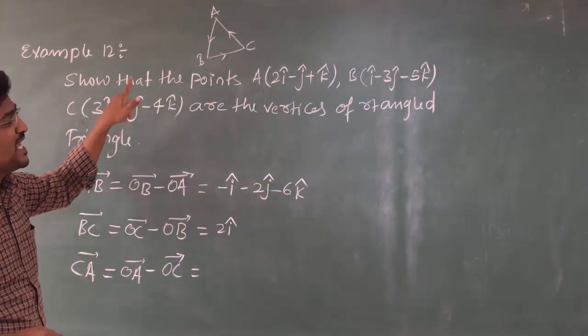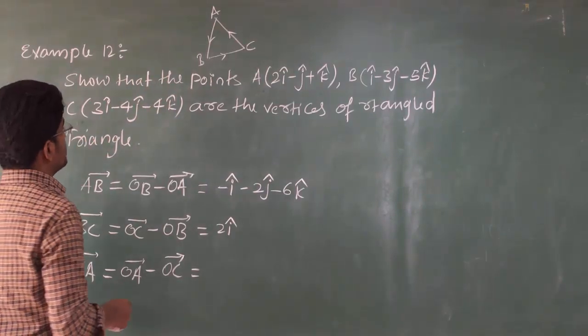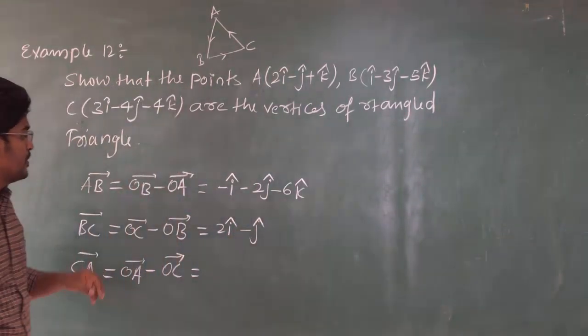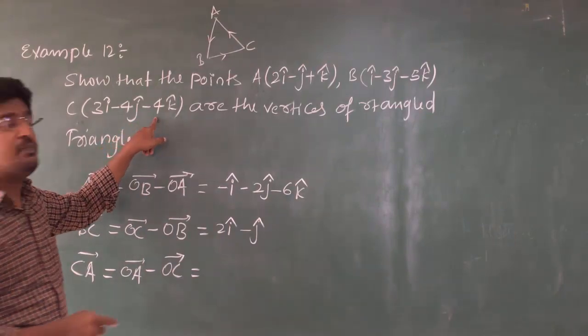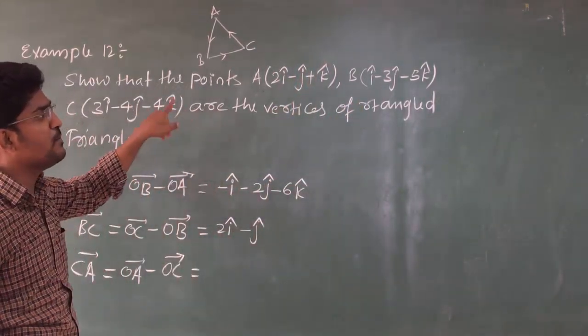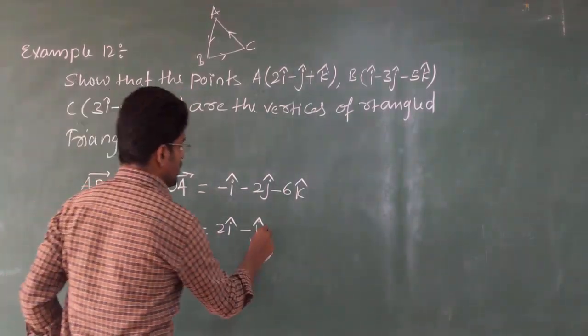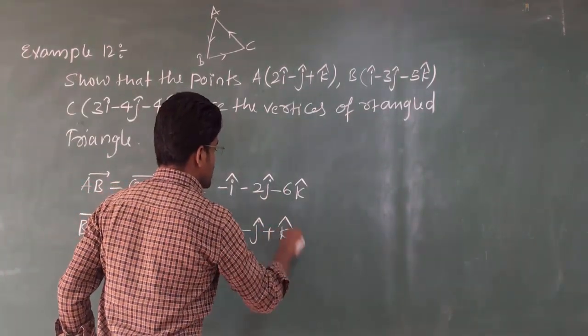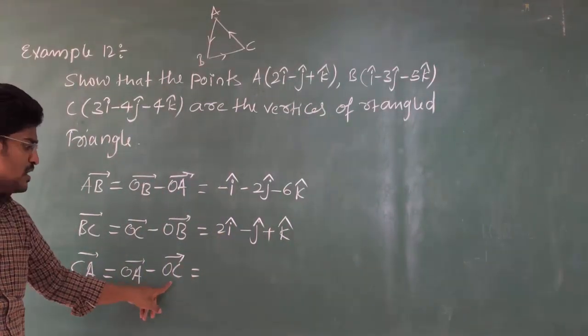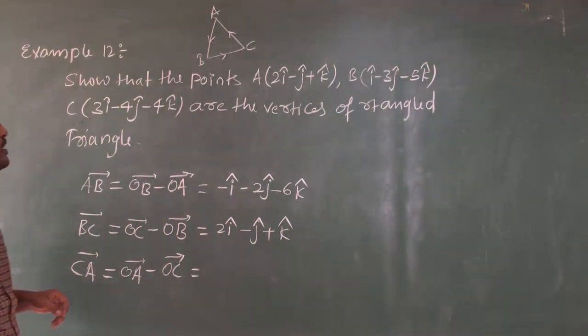So minus 4j cap plus 3j cap means it will be minus j cap. Clear? Minus 4k cap, minus of minus will be plus. So minus 4k cap plus 5k cap will be plus k cap.